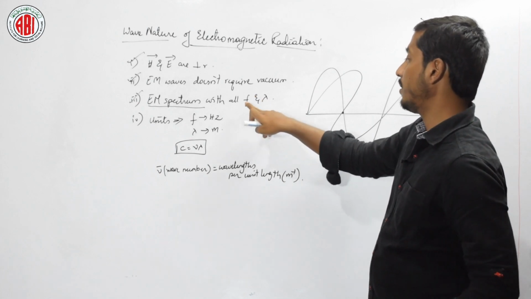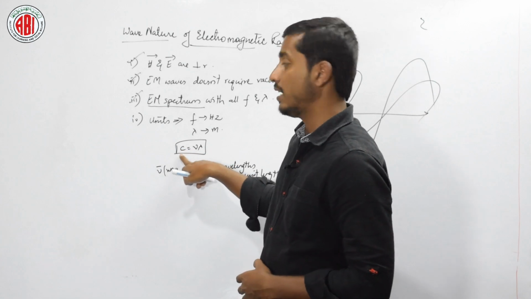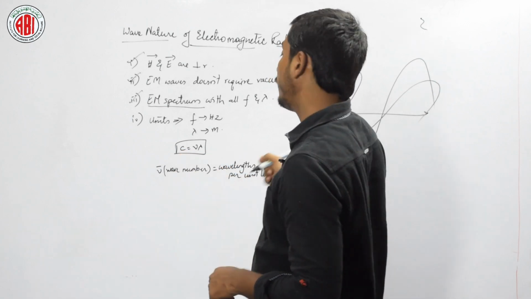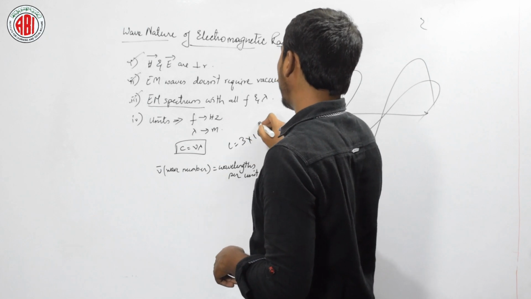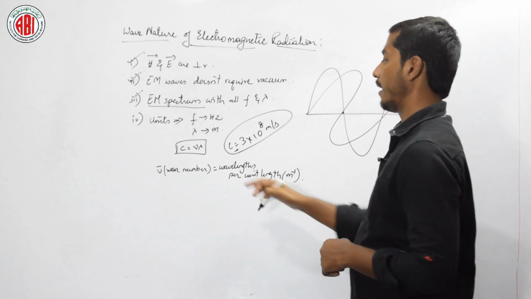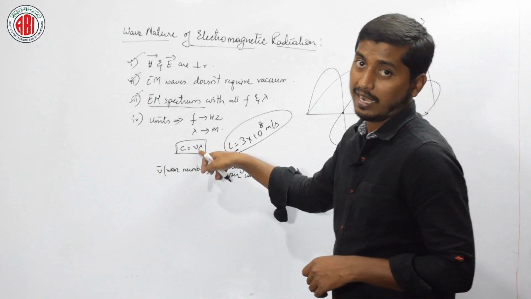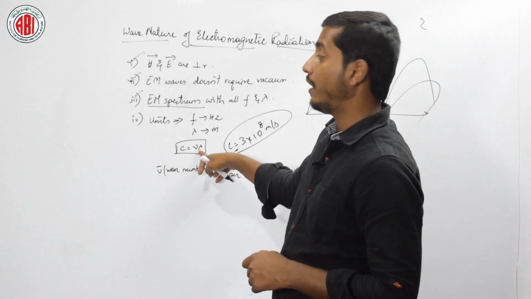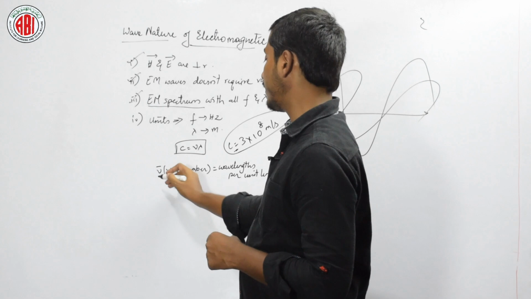What is the relationship between frequency and wavelength? It is nothing but c equals nu lambda. What is c here? c is the speed of light in air, which we usually define as 3 times 10 power 8 meters per second. This is a constant value, where nu is the frequency of radiation and lambda is the wavelength of radiation. And there is one more term, that is wave number.